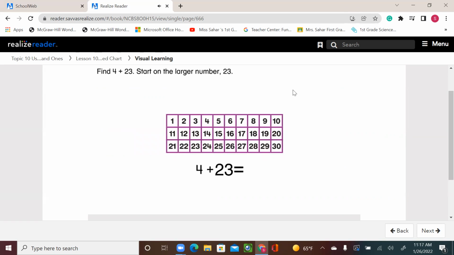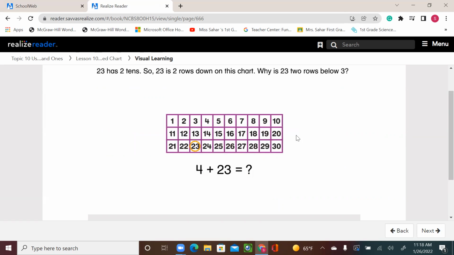Find 4 plus 23. Start on the larger number, 23. 23 has 2 tens, so 23 is 2 rows down on this chart. Why is 23 2 rows below 3? Because each row, as we said, has 10 numbers.